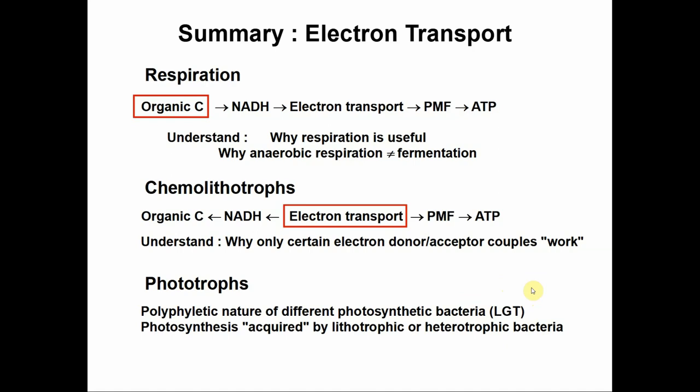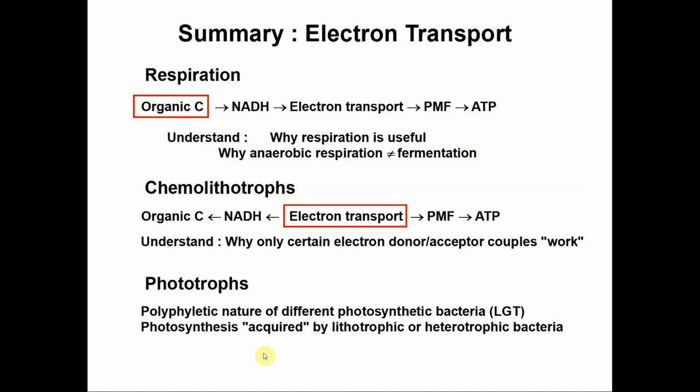And when you think about the evolution of these photosynthetic systems, it seems like you would have functioning bacteria that have a different type of metabolism pre-existing, like the green sulfur bacteria.